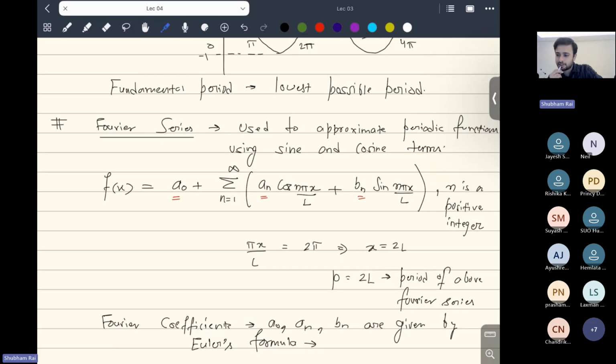For some periodic functions, Taylor series will not be able to give a very nice polynomial expansion, because polynomial expansions are non-periodic in nature.